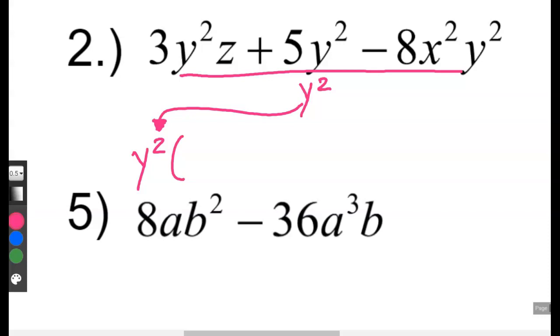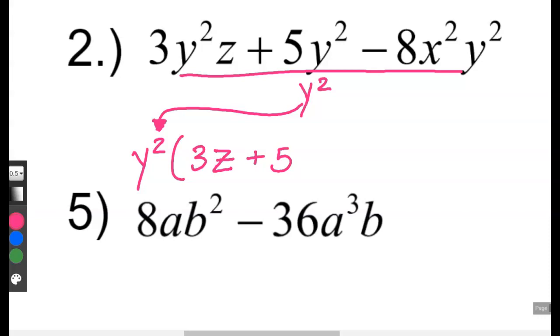What is 3y squared times z divided by y squared? What happens there on that first term? Right, the y squareds cancel and I'm left with just 3z. So I have y squared times parenthesis 3z. Now I must divide the middle term. What is 5y squared divided by y squared? It's just 5 because the y squareds cancel to be 1.